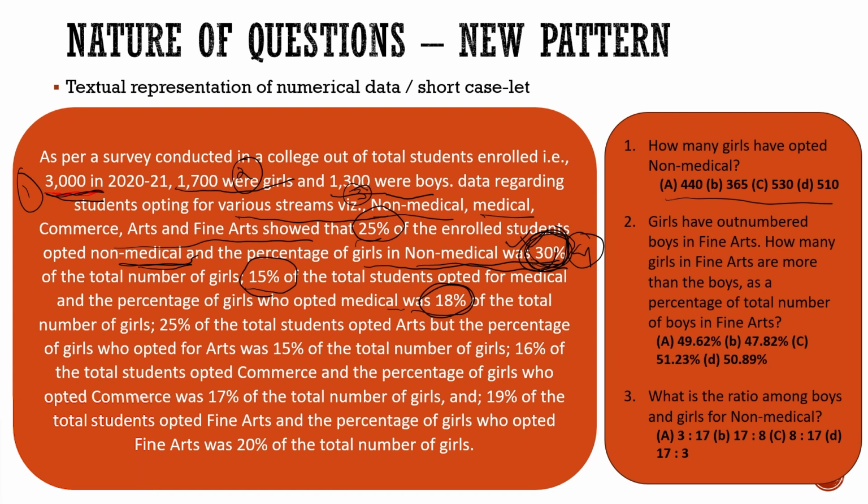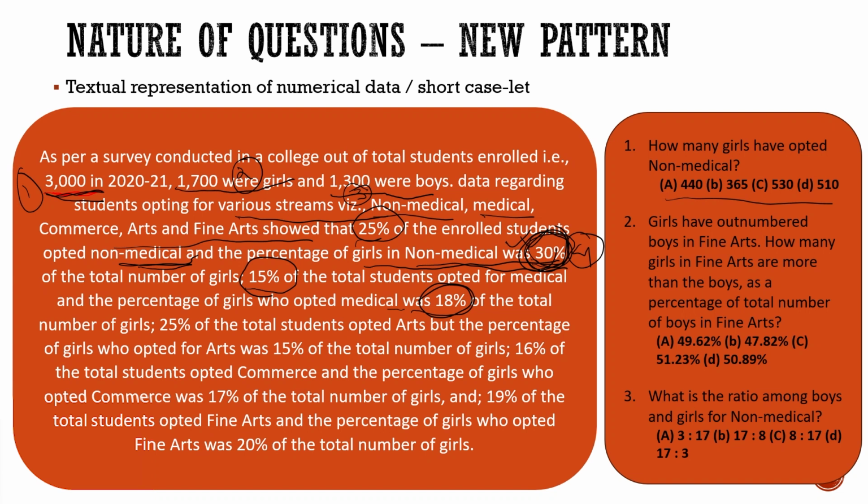So the main point here is that first you have to read the entire paragraph, then you should read the questions. Okay, and based on the question you should collect the information which is relevant for that particular question, and you apply the mathematical formulas to find out the answer.